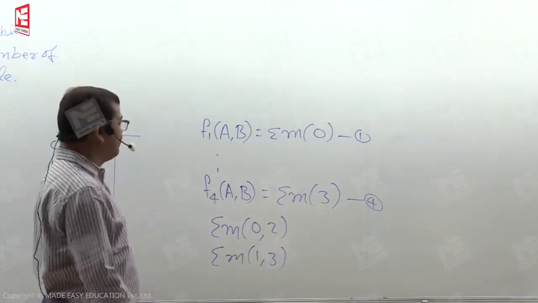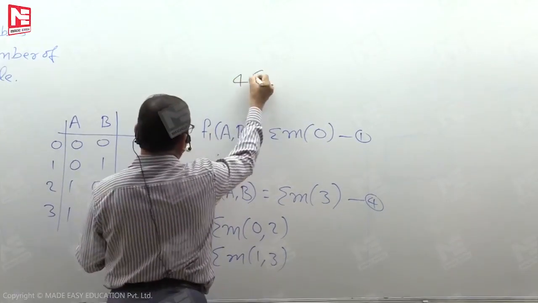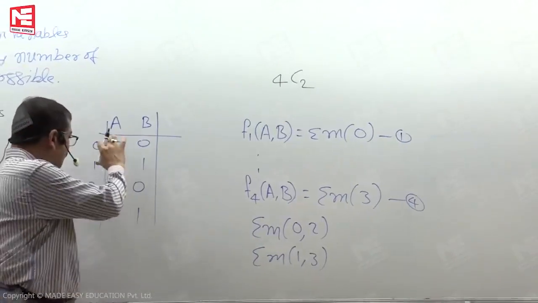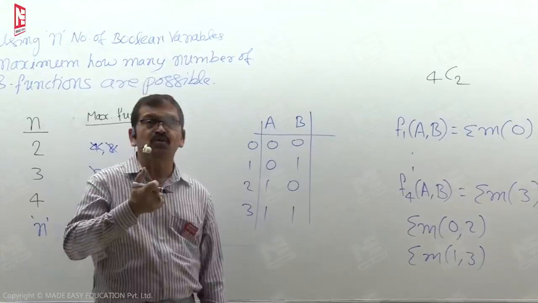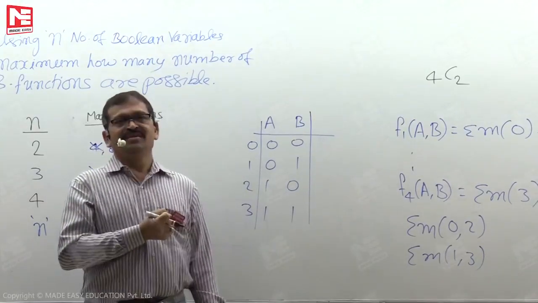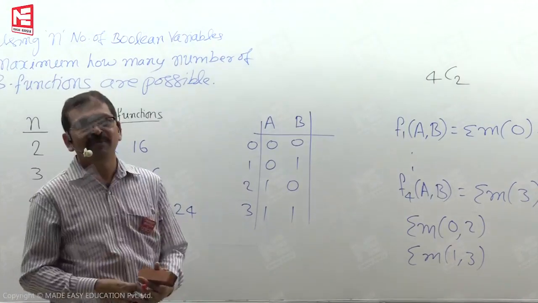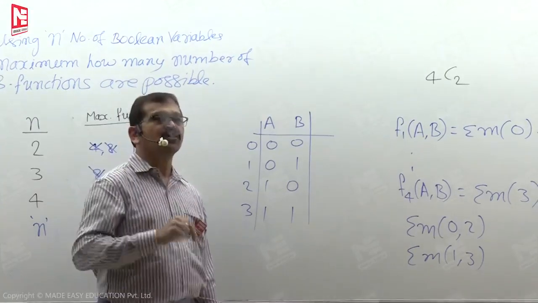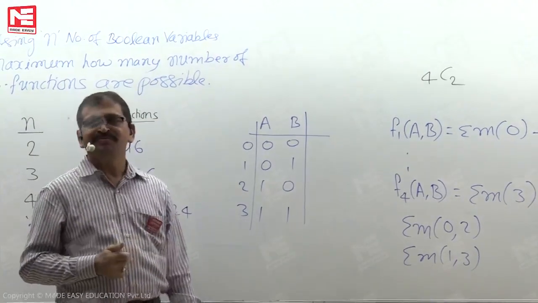With our mathematics knowledge, the logical way to say it is 4C2. Out of 4 combinations, we are taking any 2 combinations as the minterms, so the functions we develop will be with 2 minterms. Hence, we can say it is 4C2.